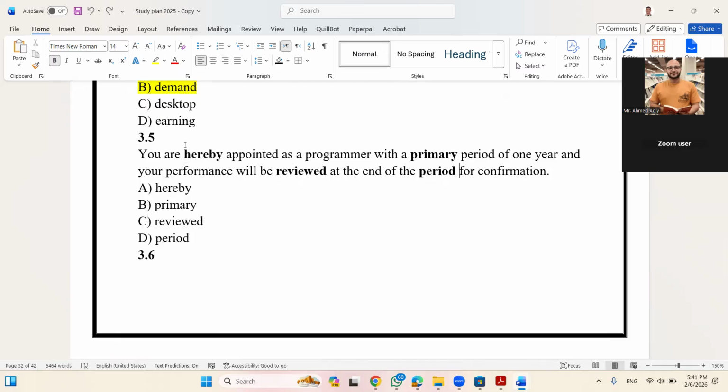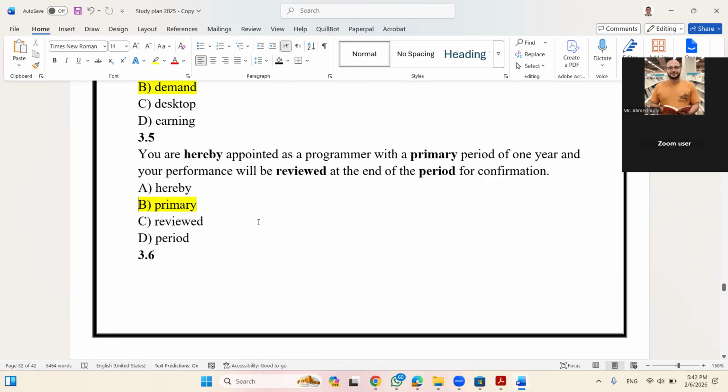Take your time. Break it down. You are hereby appointed as a programmer with a primary period of 1 year. The problem here is in primary. Primary is wrong.